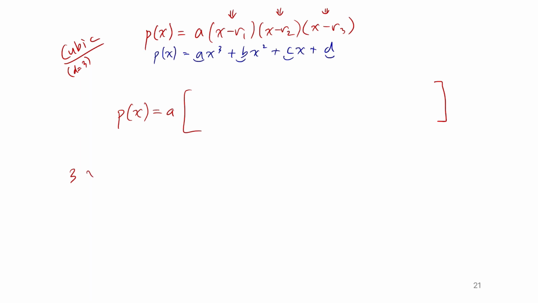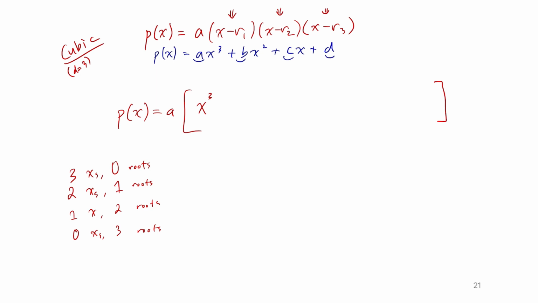We could choose 3 x's and none of the roots, 2 x's and 1 of the roots, 1 x and 2 of the roots, and 0 x's and 3 roots. Those are our 4 cases. Okay? So the first case, we multiply 3 x's together, we get x times x times x, x cubed.